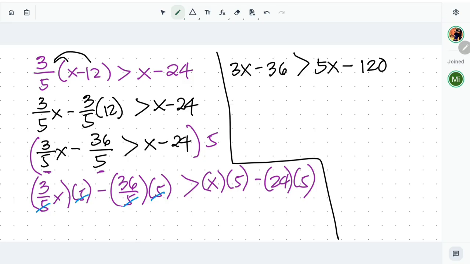And then we group like terms. 3x goes with 5x, so we can transpose 5x to the left. That would become negative. So this is 3x minus 5x greater than negative 120. We transpose negative 36 to the right. That will become positive 36.